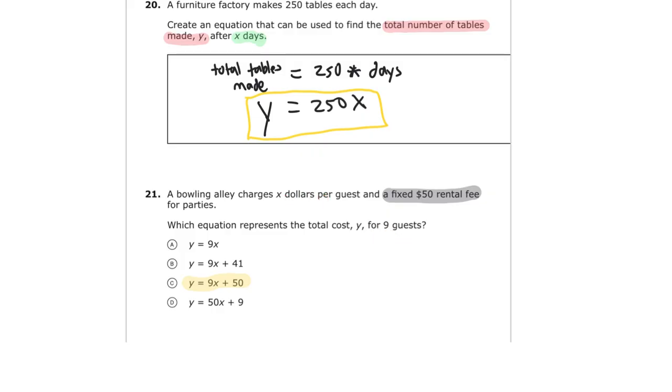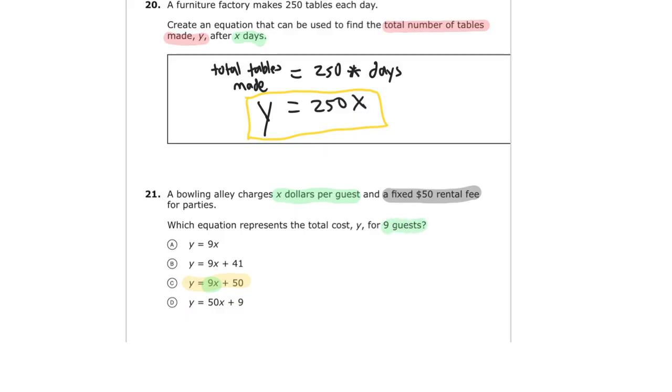And if you have 9 guests, those 9 guests each are going to pay that fee that's per guest, right? X dollars per guest. I'll make that green. X dollars per guest, right? So that's this part right here where it's X dollars per guest.